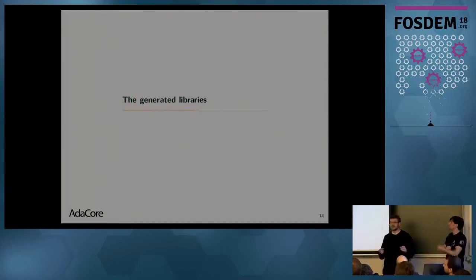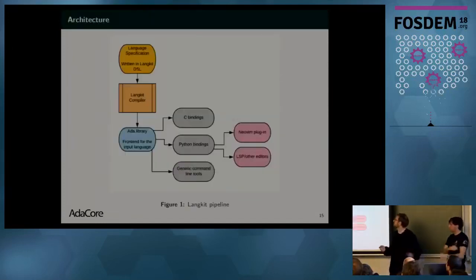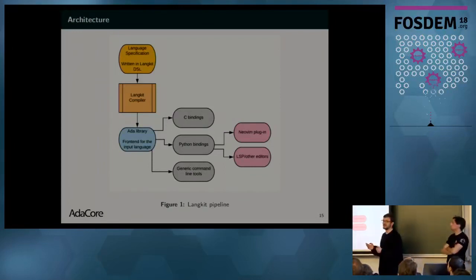So I'm going to talk about what we generate. If it's not obvious yet, because it's a bit complicated, the meta compiler is not a very simple project. This is the pipeline of Langkit. Basically, you will provide your language specification, which is what Pierre-Marie has been talking about so far. Then you feed that to Langkit, and it will generate a library, something you can call from your code, that will provide you knowledge.